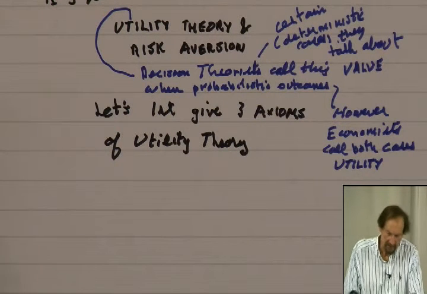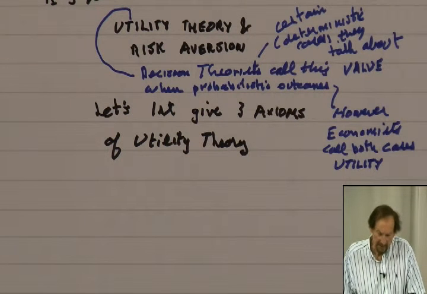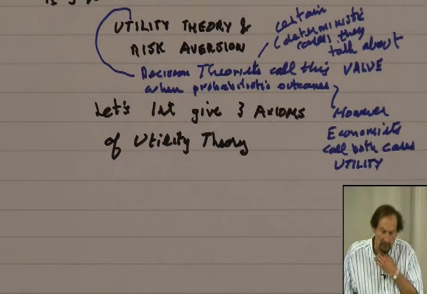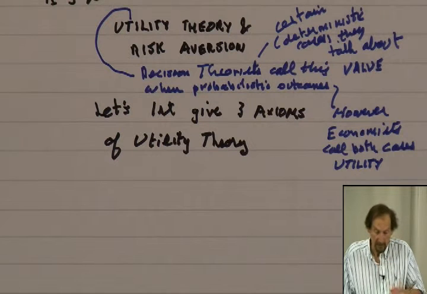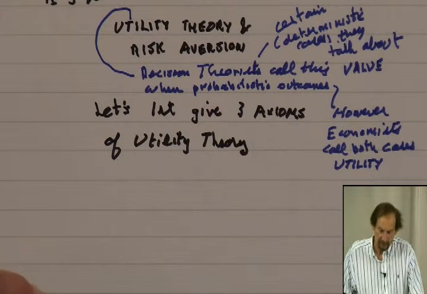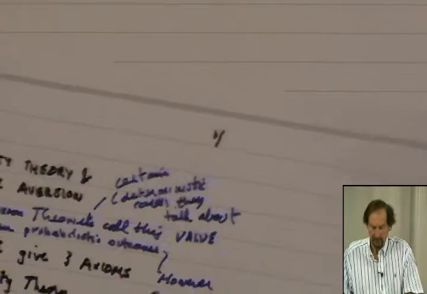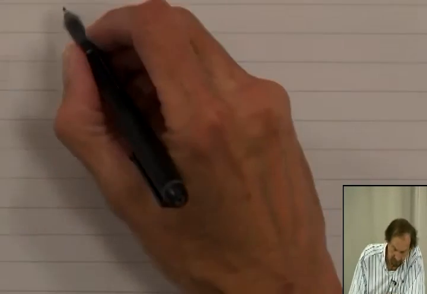Decision theorists make a distinction between the deterministic case, where they talk about value functions, and the stochastic case, where they talk about utility functions. That won't be too important for us, but let's do this. Okay, let's give our axioms of utility theory.